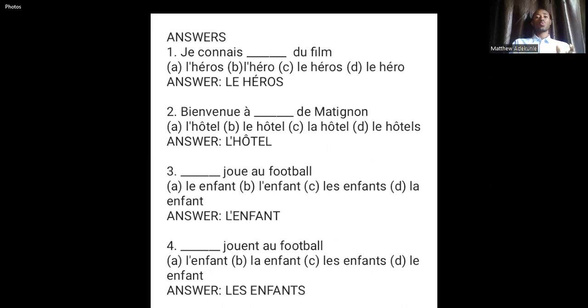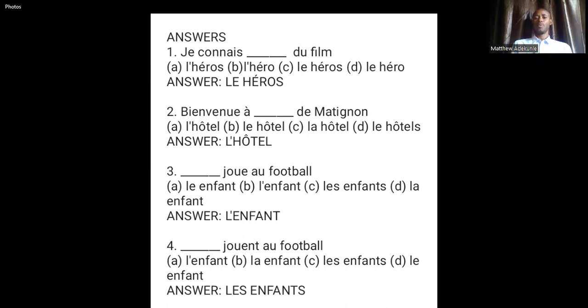Now you can go back to the questions that we first raised. For example, the first one, je connais, okay, le héros du film, and that is your option C, le héros. You need to note the orthography, which is with S there. And the second one, bienvenue à l'hôtel de Matignon. You are welcome to Matignon Hotel. Okay, and then the third one, we have l'enfant joue au football.